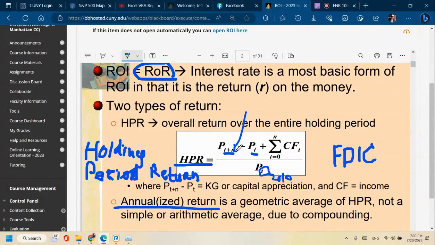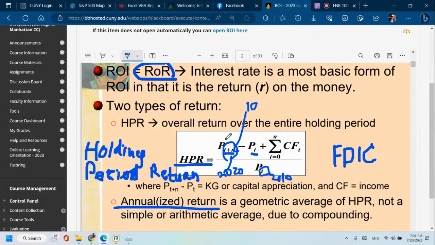Let's say you are holding it for 10 years. Let's say n is 10. Then what is t plus n? The t plus n should be 2020. Isn't that right? It's 10 years later. Right? Everyone is following?